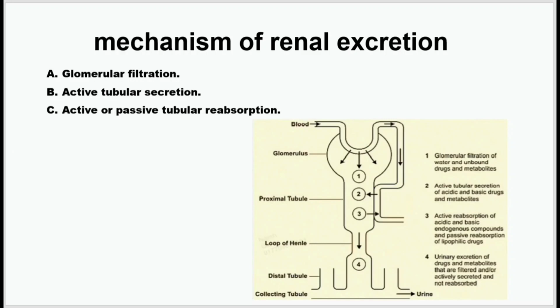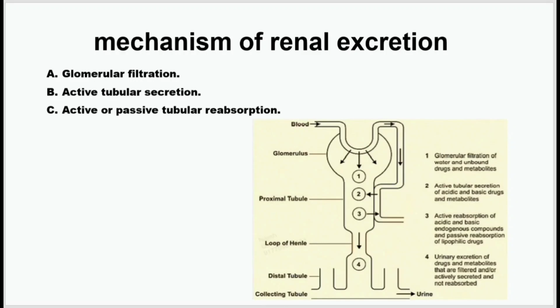These three processes depend on the diagram below. The diagram illustrates the processes involved in the urinary excretion of a drug. Excretion through the kidney occurs. See on the left side: first, glomerulus; second, proximal tubule; third, active reabsorption; fourth, loop of Henle and distal tubule. In the glomerulus, see on the right side: first, glomerular filtration of water and unbound drugs or metabolites.